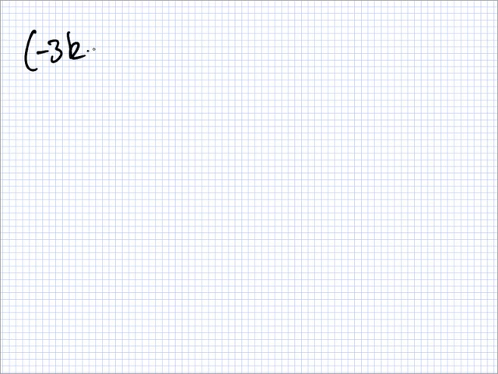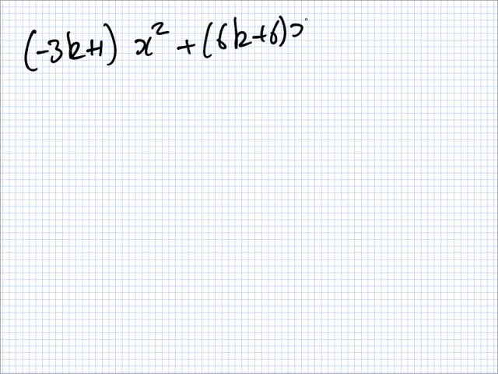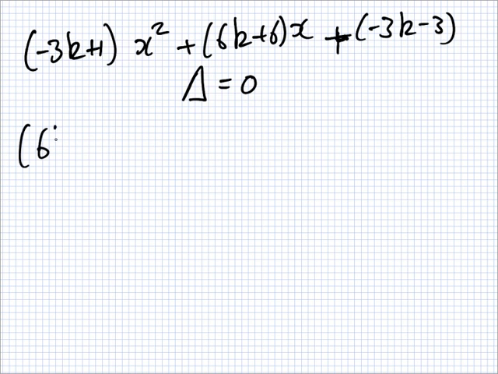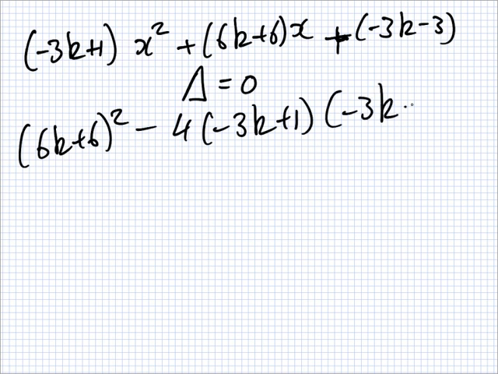Minus 3k plus 1 x squared plus 6k plus 6 x plus minus 3k minus 3 has one real root. So the discriminant is 0. B squared minus 4ac should equal 0.